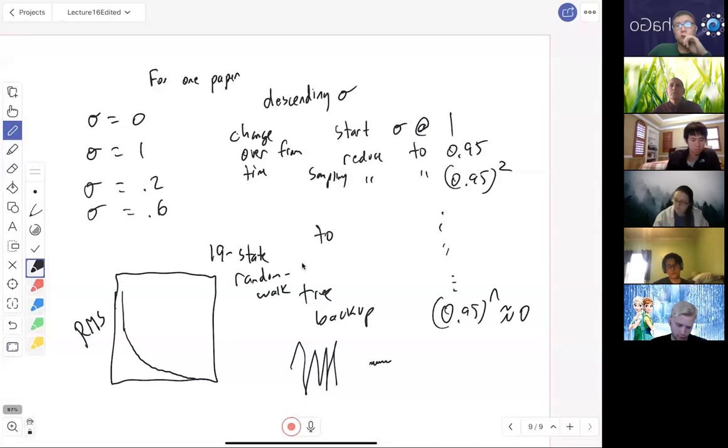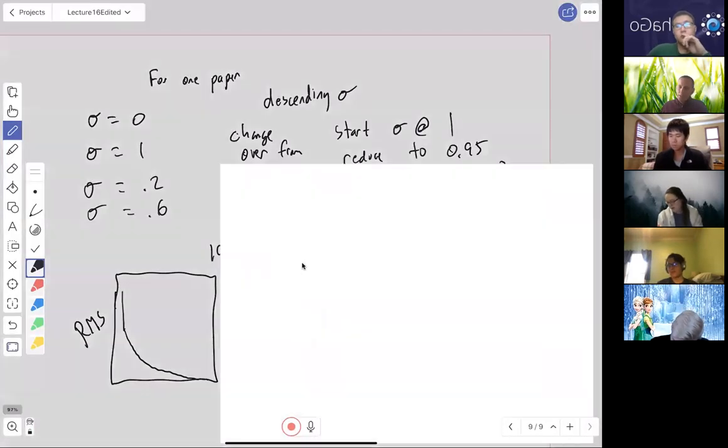So by that, you mean the ordinary importance sampling? Ordinary importance sampling, yeah. There were 3 kinds of importance sampling.